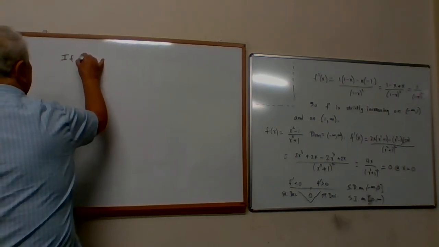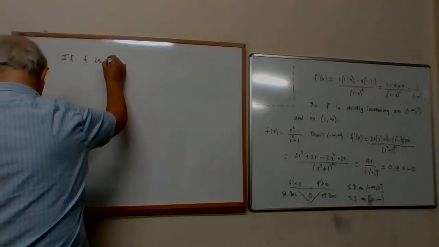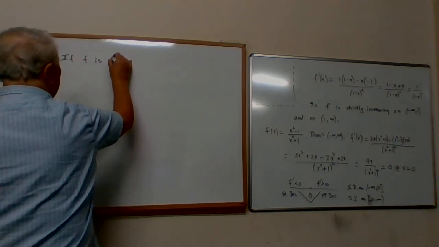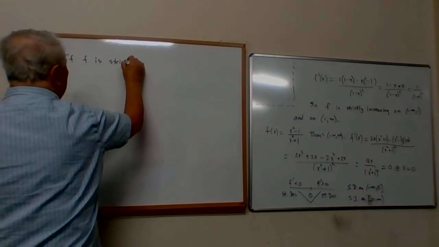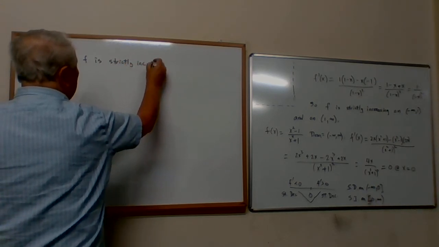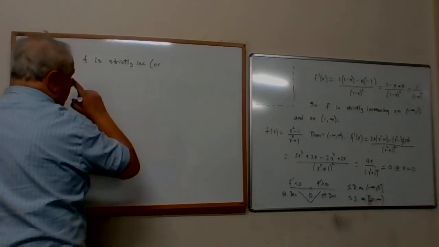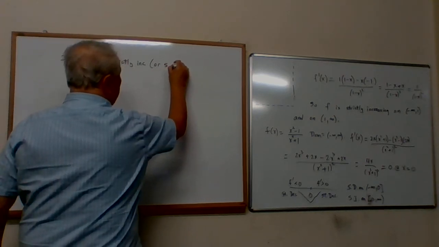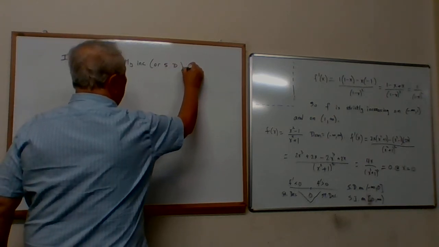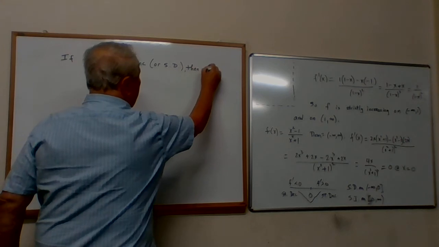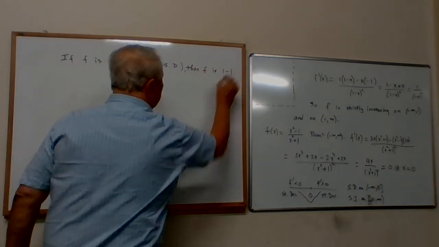So if f is strictly increasing, and I'm going to put in parentheses, or strictly decreasing, either one, then f is 1 to 1.